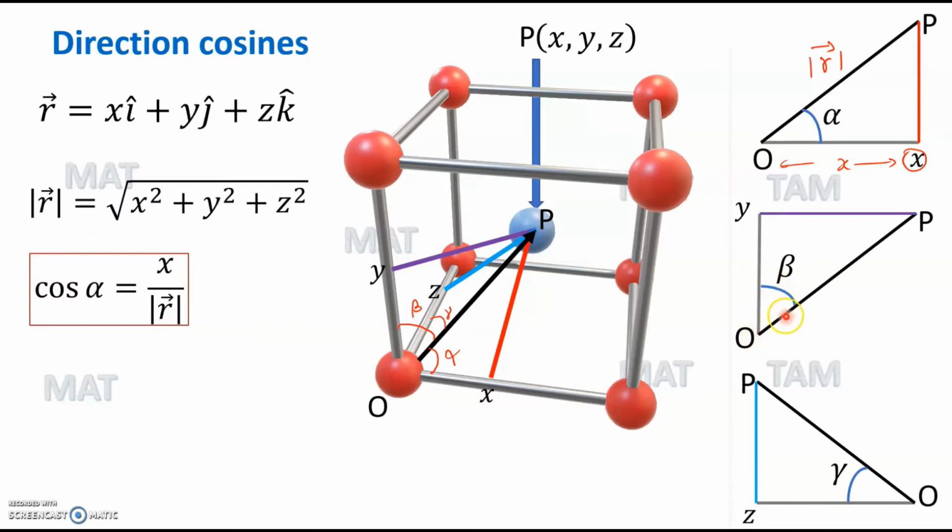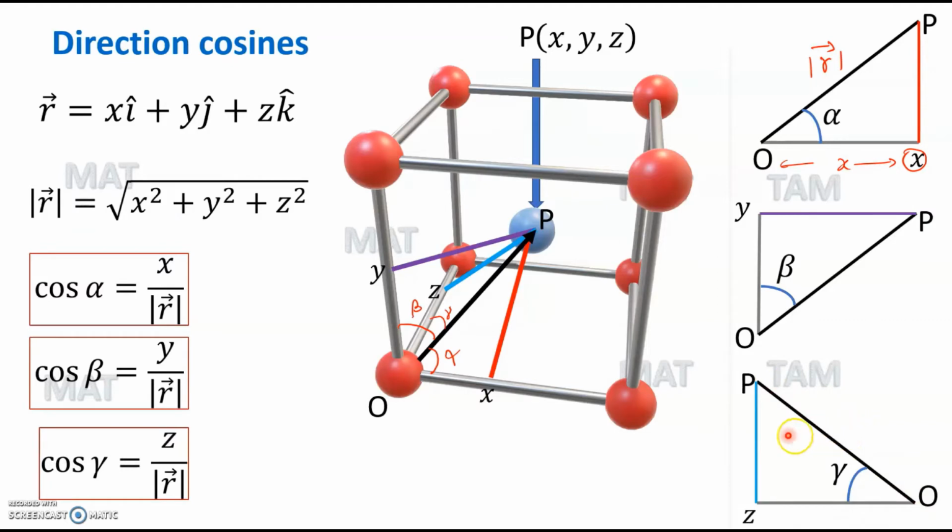The adjacent side to angle beta would be OY, which is Y here, and OP will again be defined as magnitude of R. So we have cos beta as Y over magnitude of R. Similarly, from this triangle we can find cos gamma will be OZ, which will be Z, over OP, which is magnitude of R. So here we have cos alpha, cos beta and cos gamma.